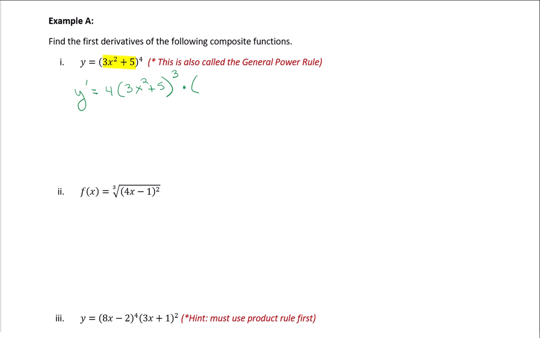The 3x squared, that derivative would be 6x to the first, and the derivative of 5 is 0. So when we simplify this, if we multiply the 4 by the 6x, we would get 24x times 3x squared plus 5 to the third. There is nothing that can be reduced or simplified here, so leave the binomial cubed as is.